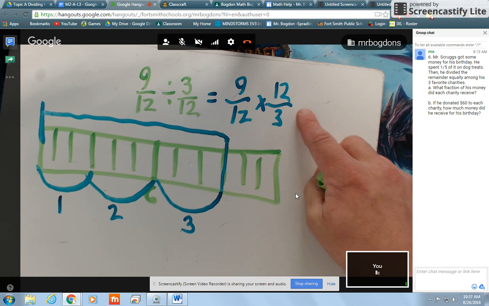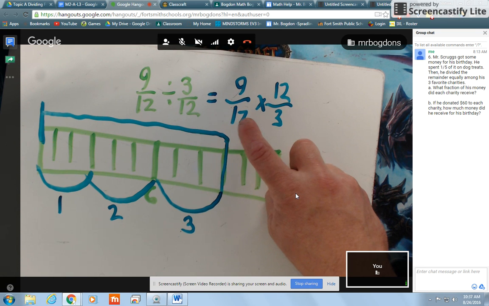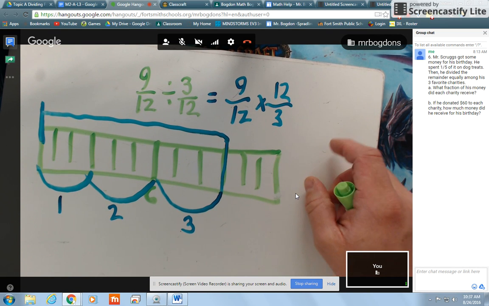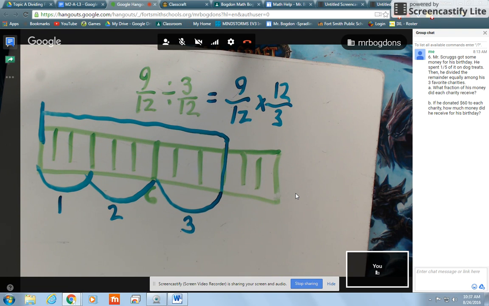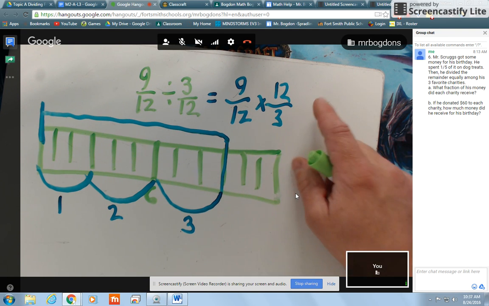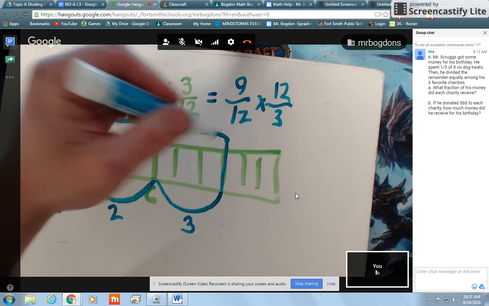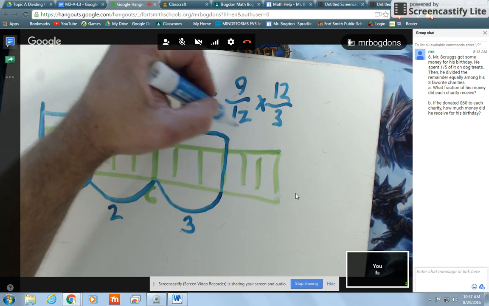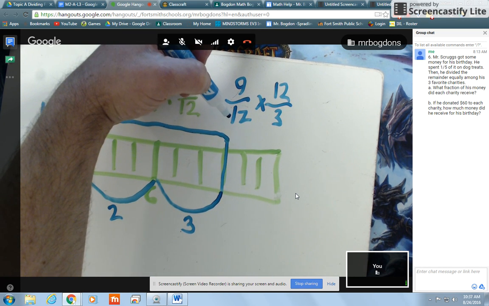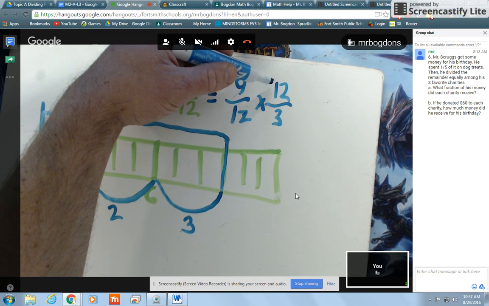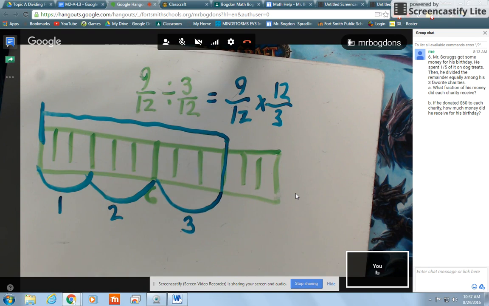So at this point, I could multiply 9 times 12 and get some big number. I could multiply 12 times 3 and get some big number. And then I would have to divide that big number by the other big number. But I can use what I know about math to simplify some things. I know that if I have one factor and another factor, if they share some common number or common multiple between the divisors or between the denominators and numerators, I can simplify them.